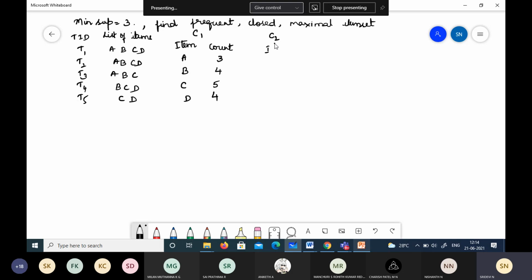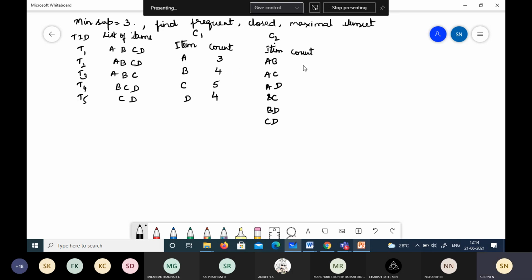So for the next, we have item and the count. Now we'll find item sets with two items. So how do we pair them? AB, AC, then AD, then BC, BD, and then CD.